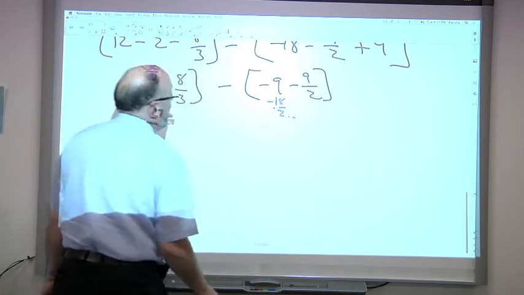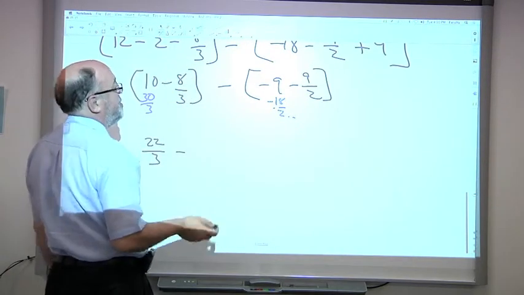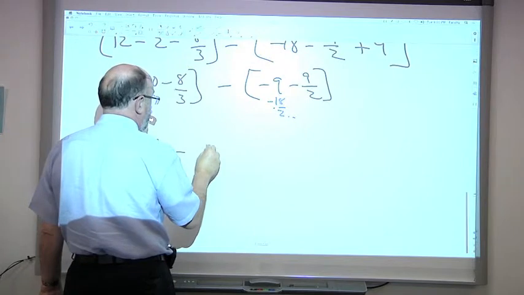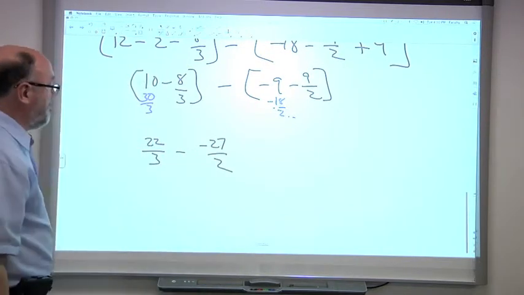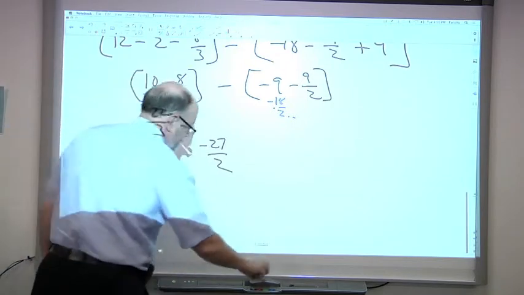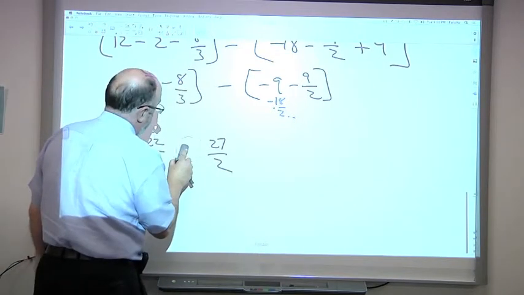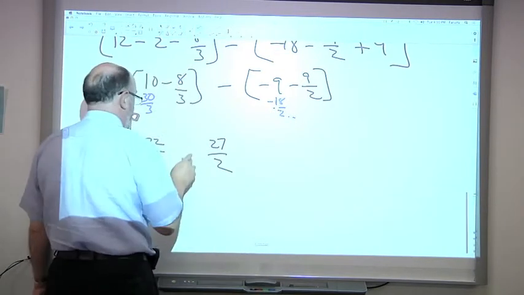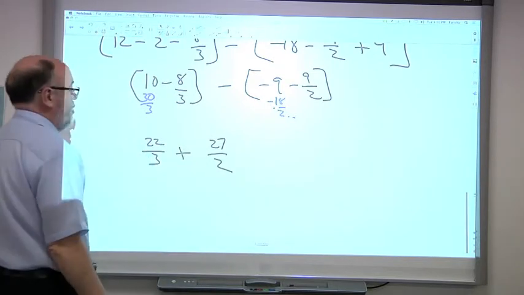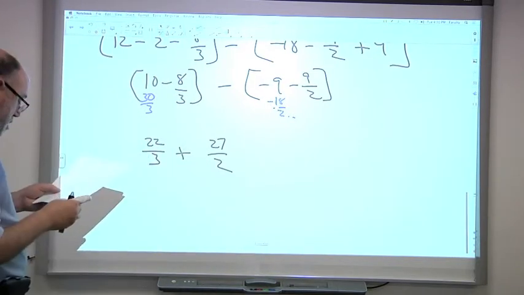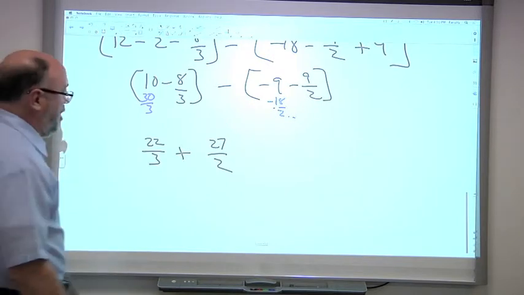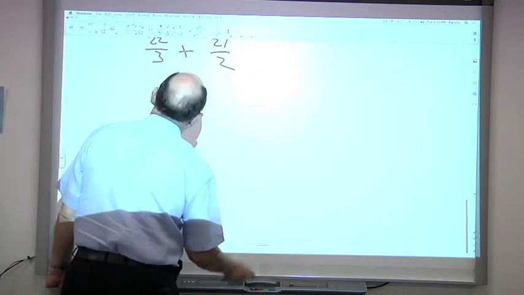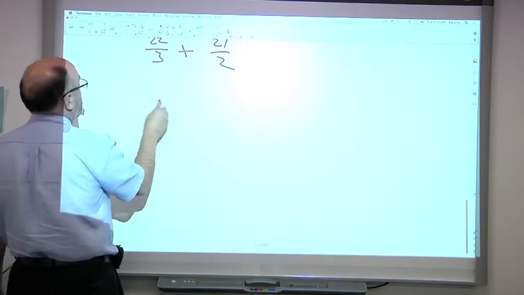And so this side will give us a minus 27 halves. But then, of course, minus a minus means that this is going to become a plus. Now, in order to add fractions, we need to have a common denominator. And in this case, that number will be 6.